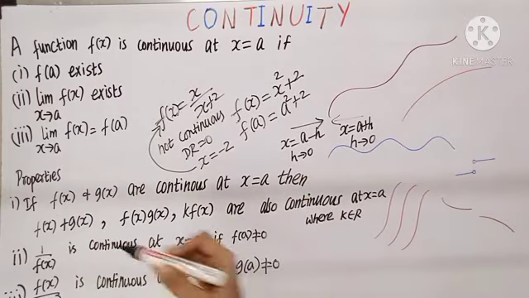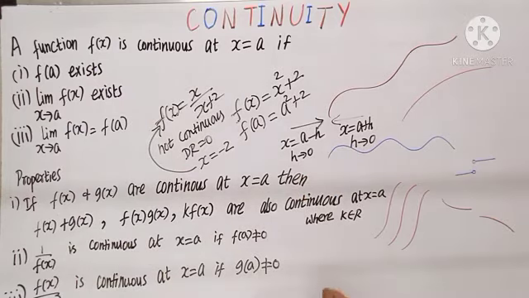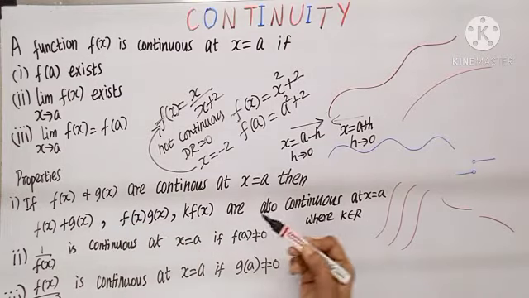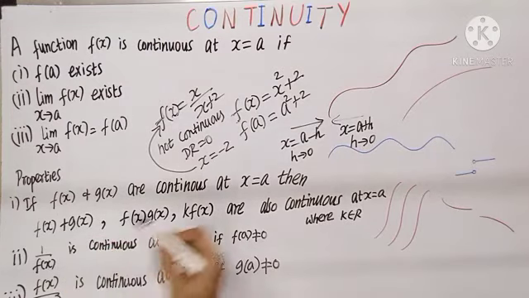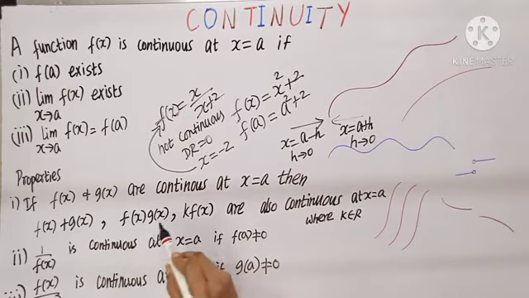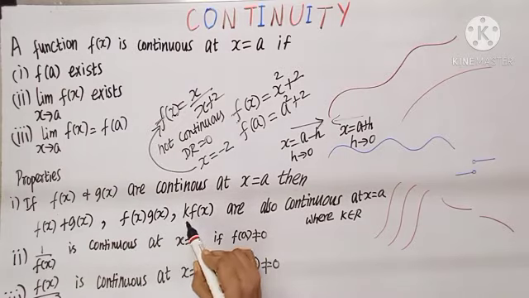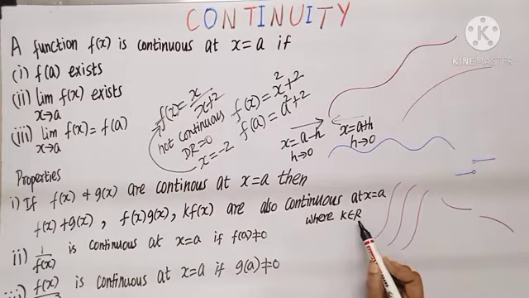Now we have some properties. If f of x and g of x are continuous at x equal to a, then if I add, it is continuous. If I multiply, it is continuous. If I multiply by a number, a scalar, which is a real number, then also it is continuous.